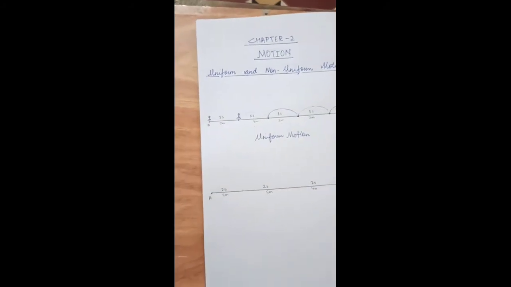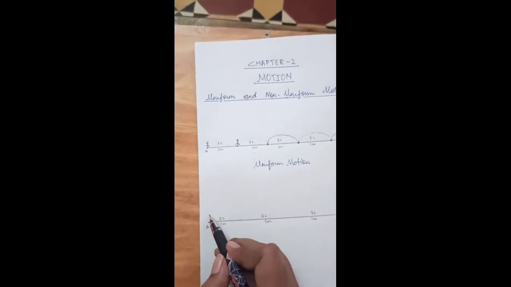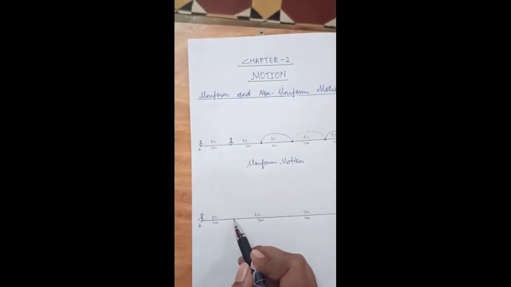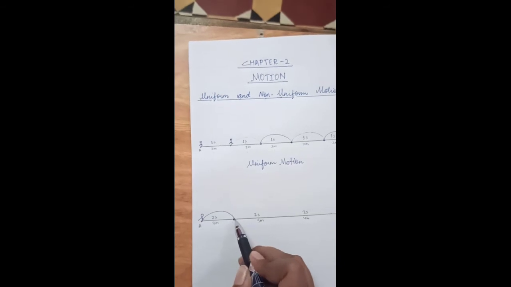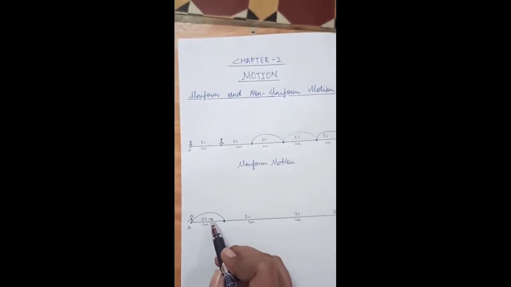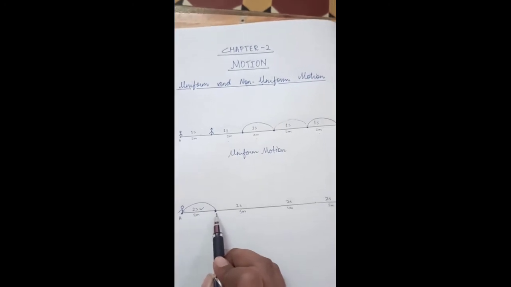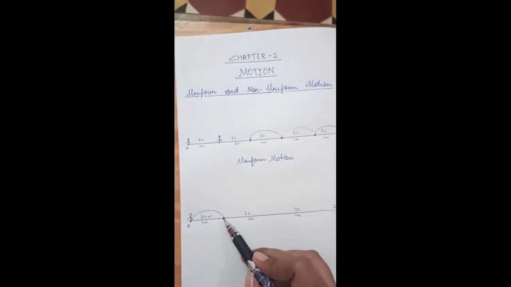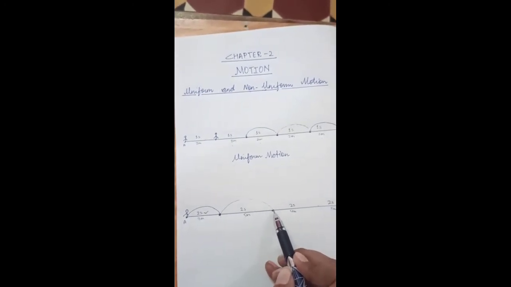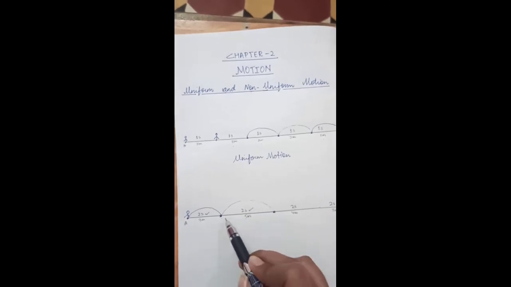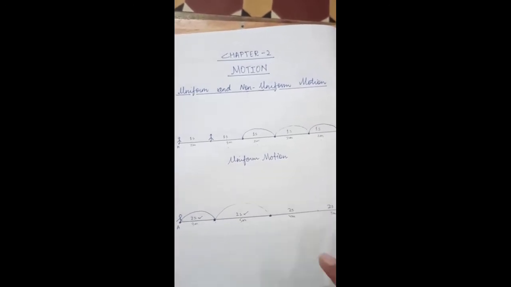Next, see this one. Now suppose a girl moves from point A to this point and she has taken 2 seconds to cover this distance of 3 meters. Then again she has moved from this point to this point and she has taken 2 seconds to cover a distance of 5 meters.